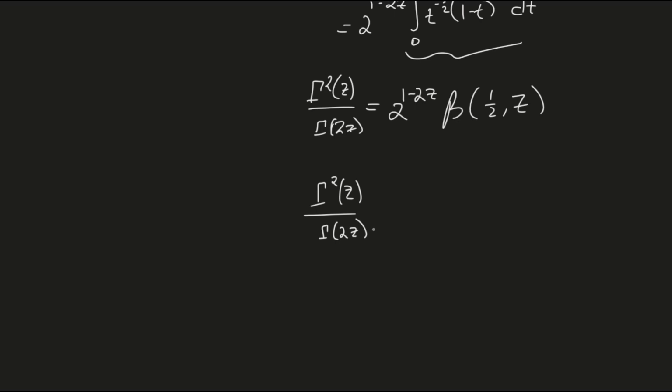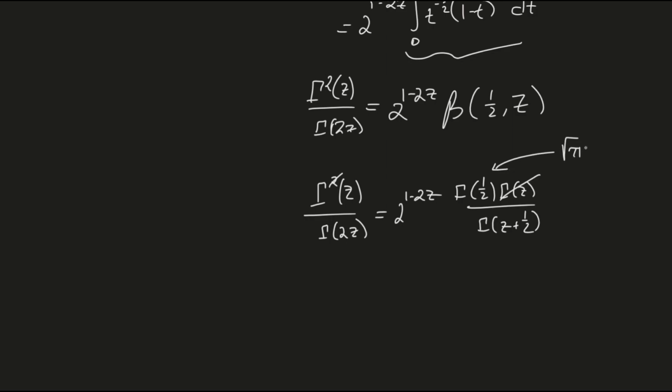which gives us 2 to the 1 minus 2z, gamma 1/2 gamma z over gamma z plus 1/2. And you'll notice we can divide by gamma z on both sides, remove one of those, and maybe you know that gamma 1/2 is square root of pi.